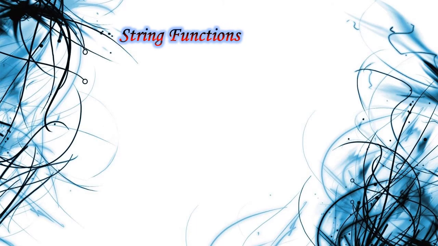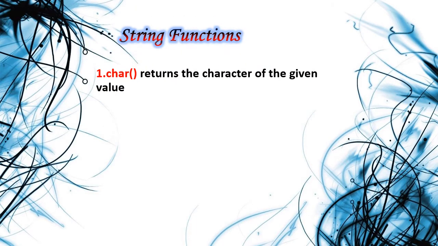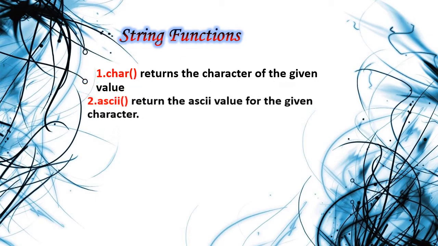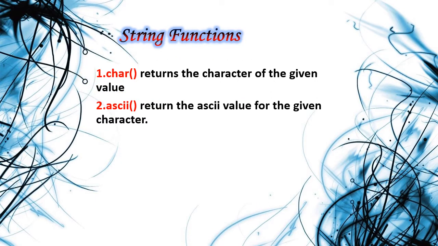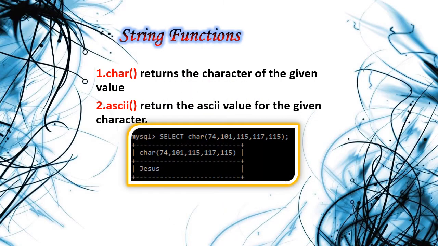Next, string functions in SQL. The CHAR function returns the character of the given value, and the ASCII function returns the ASCII value of the given letter. See the example: CHAR(74, 101, 115, 117, 115) is given.